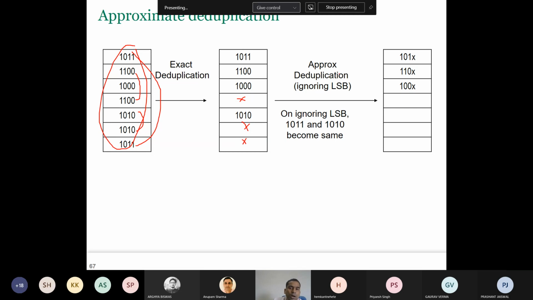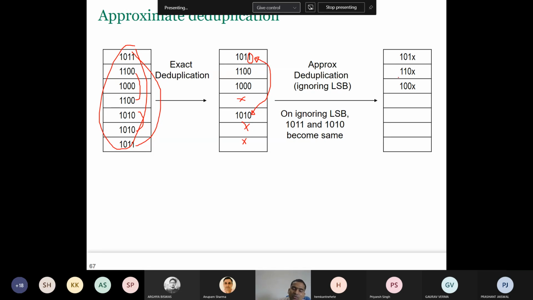Now I can do approximate deduplication where I ignore the LSB while comparing the numbers. Once I ignore the LSB, this and this also become similar, and these two also become similar. So after deduplication, the size of my table has further reduced.